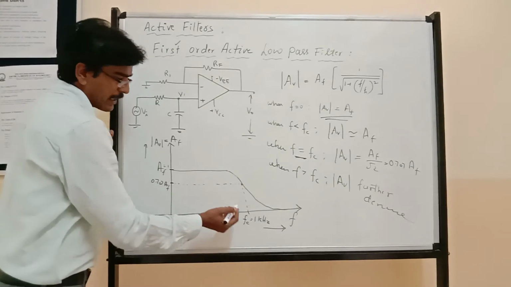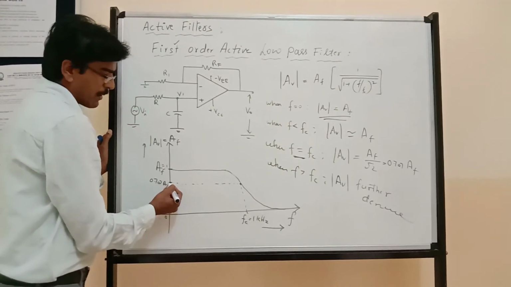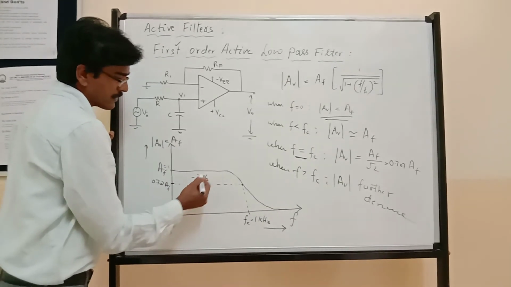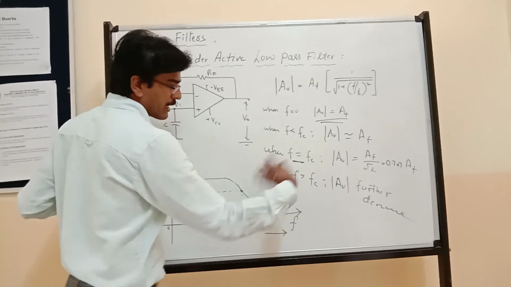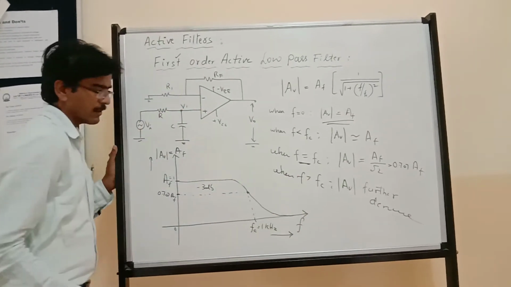When the frequency reaches the cutoff frequency, gain falls to 0.707 times AF, which is nothing but the minus 3 dB frequency. Later, as the frequency crosses above FC, gain further decreases and falls to 0.